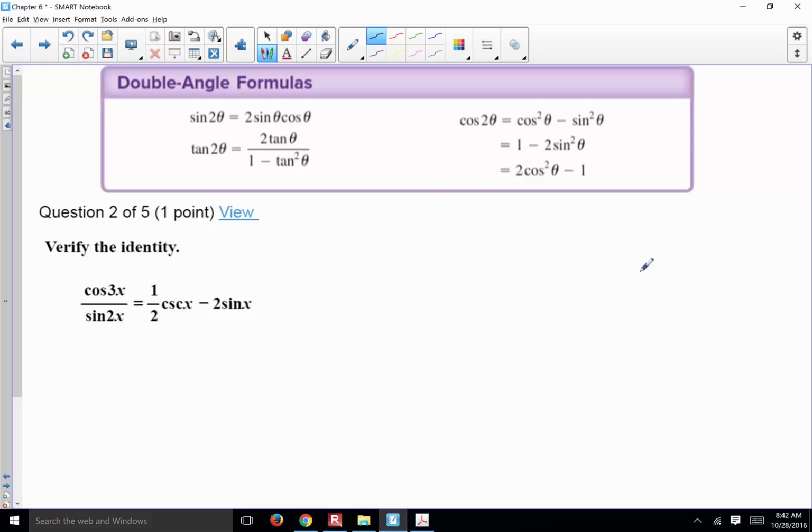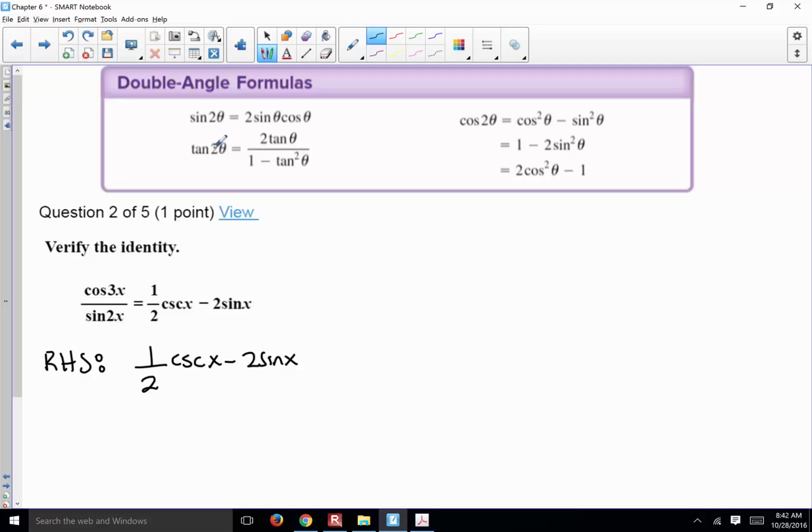Alright, which side did you pick? The right side. Okay. Do you think you can go anywhere with the right side, with the given formulas?